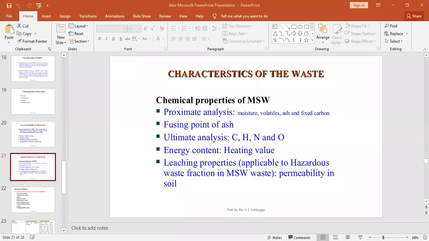In that case, you should separate out the non-degradable material, and for the degradable material, think about what type of treatment you can use. And for non-degradable waste, you also need to think about what to do. That's why understanding the chemical properties is very important while deciding on the disposal or any kind of treatment of solid waste. Understood? So please write down these chemical properties.